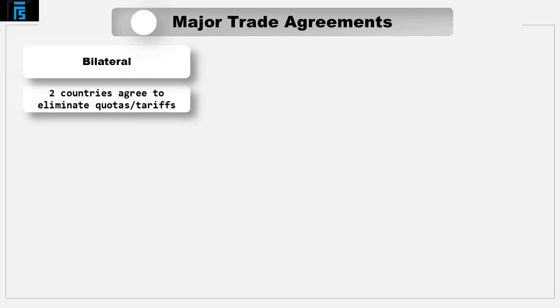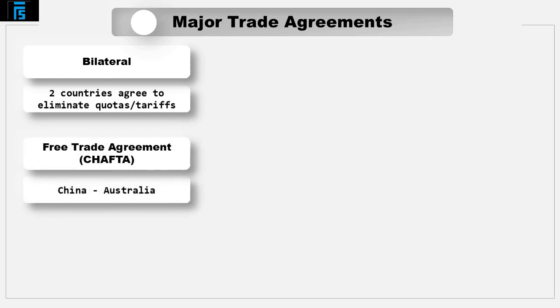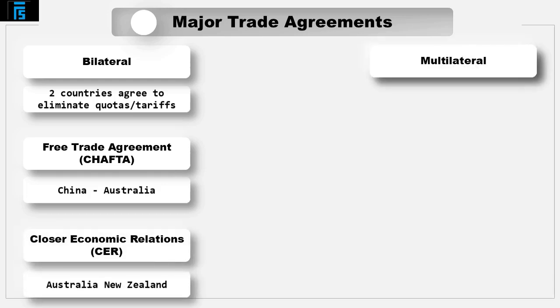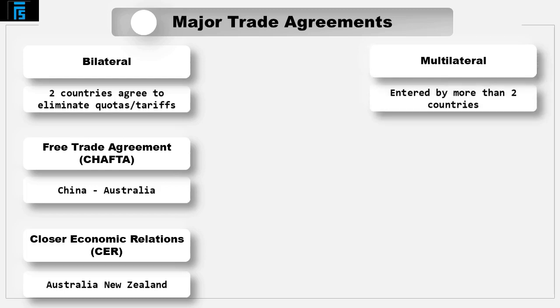Examples of such agreements are the China-Australia Free Trade Agreement, also called CHAFTA, signed in 2015, or the Closer Economic Relations Agreement between Australia and New Zealand, referred to as CER. Multilateral trade agreements are similar, but entered into by a group of more than two countries.